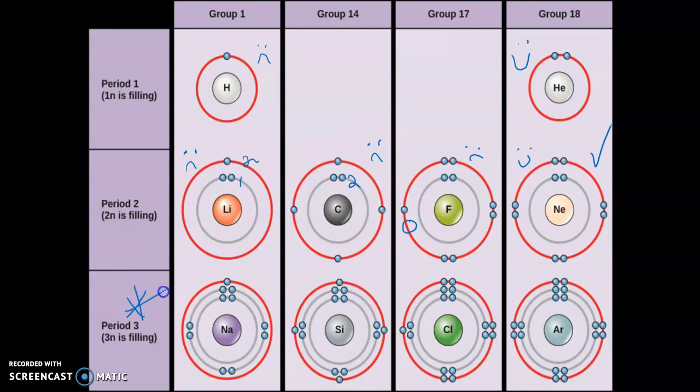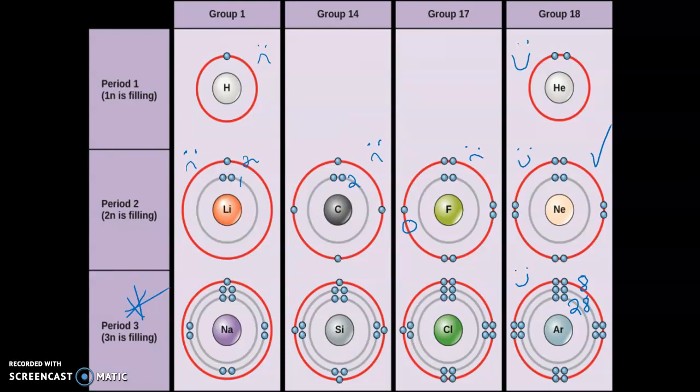So you put 2 in the first, 8 in the second, and it has 8 in the third also, for a total of 16, 17, 18 electrons. It is happy because every energy level it's using, including the outer valence, is filled.